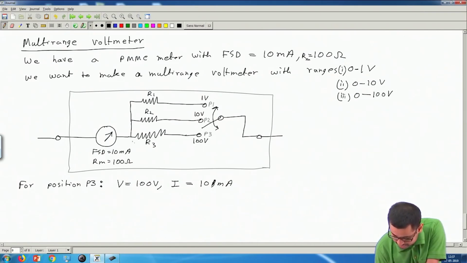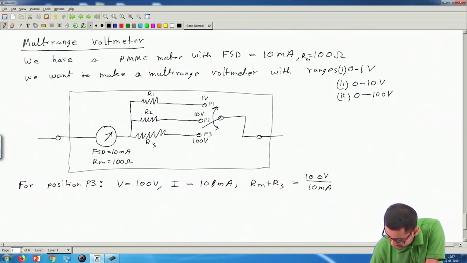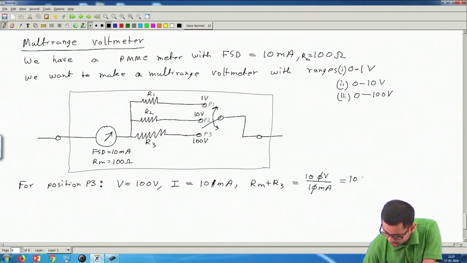So therefore, the total resistance Rm plus R3 should be V by I, 100 volt by 10 milliampere, and this will come out to be 10 kilo ohm.